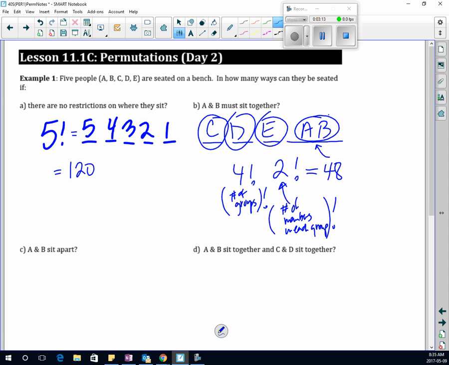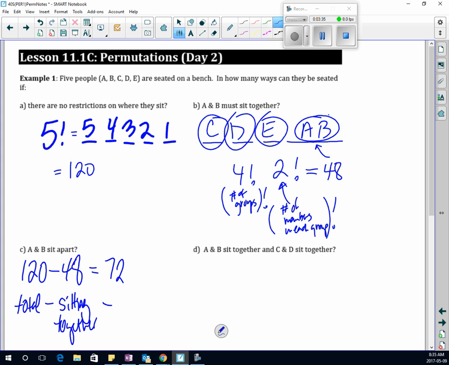Like, that's the only thing that can happen in this scenario. 120 minus 48 is 72. So it's the total minus them sitting together equals not sitting together. You'll see a lot more of these kind of questions coming up in your homework.